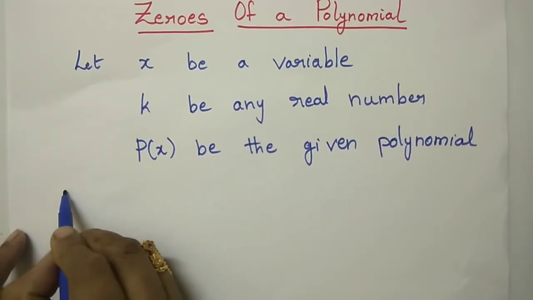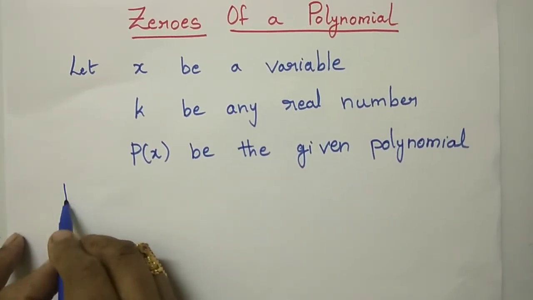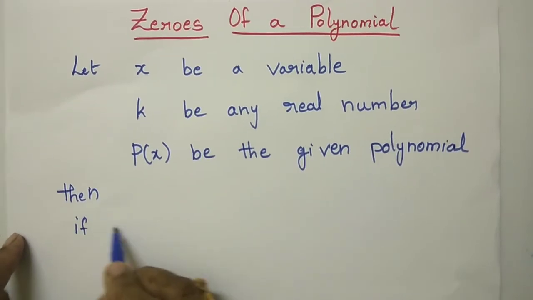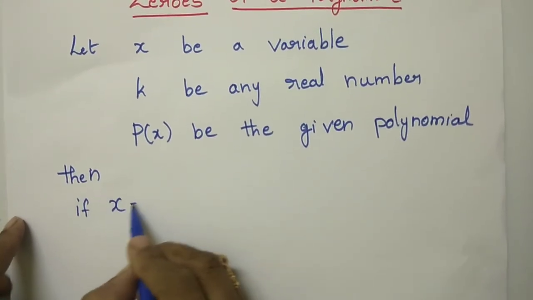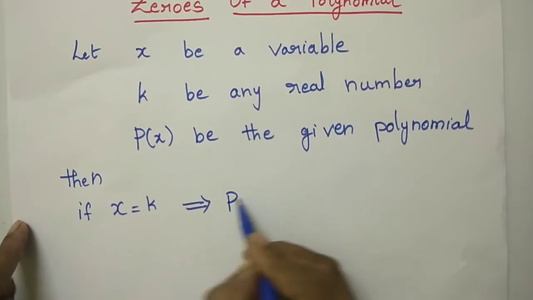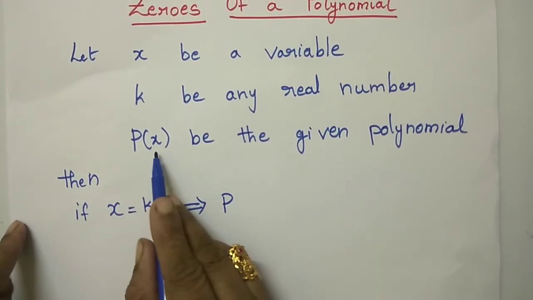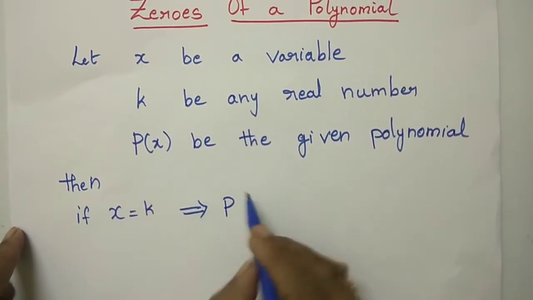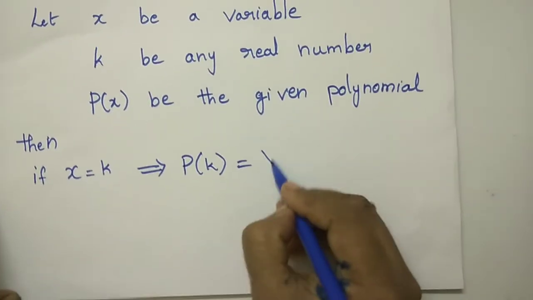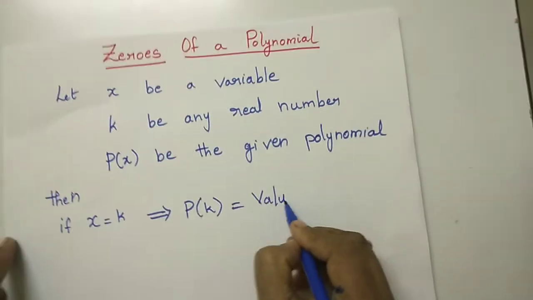Then if x is equal to k, that is, in the polynomial we replace x with k, then we will get some value.